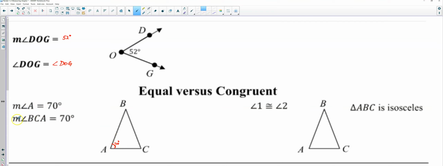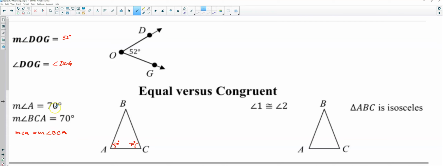Well, I could say that the measurement of angle BCA, remember, the vertex is always in the middle. Look, BCA. So the vertex is C. So this angle is also 70 degrees. Then since they're both 70 degrees, I could say that the measurement of angle A is equal to the measurement of angle BCA.